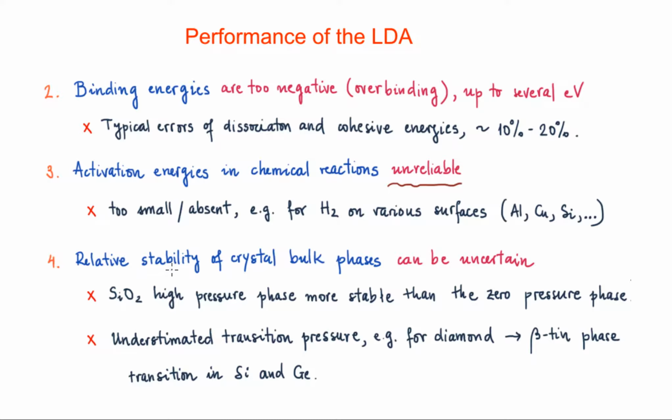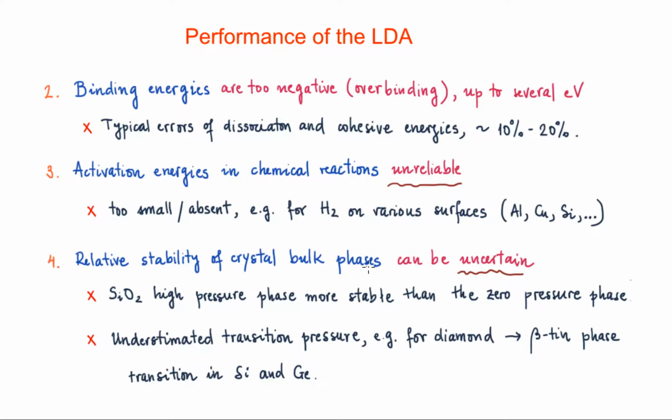The relative stability of crystal bulk phases can sometimes be uncertain. You know that by changing pressure or temperature, you can have a phase transition from one structure to the other. And you can analyze this phase transition by calculating the energies for different structures; the one having the lowest energy, or the lowest enthalpy, depending on what kind of transition you are analyzing, is the one expected to occur in the experiment.